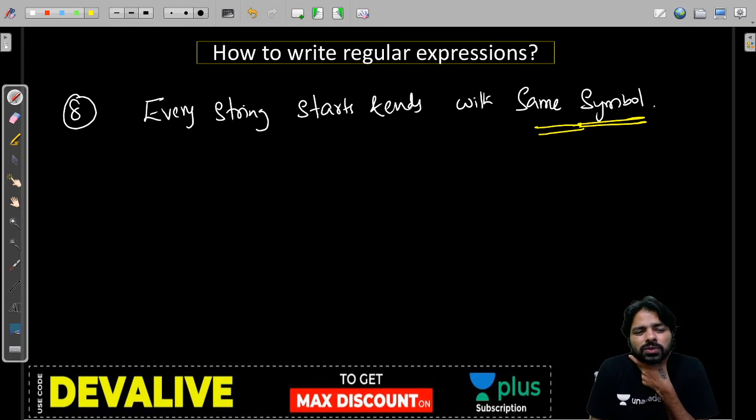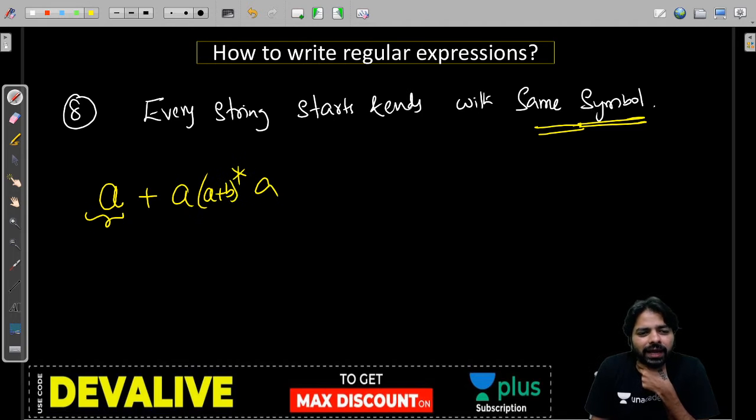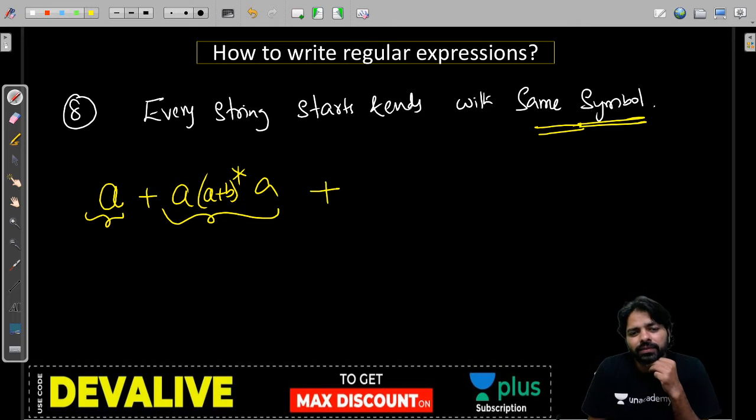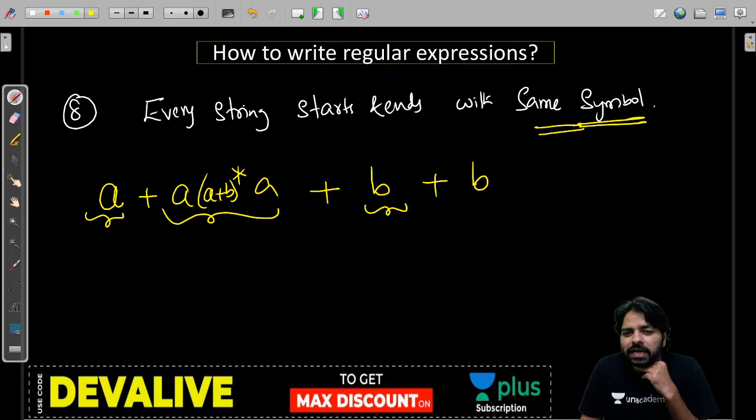Now, how many forms do you get? If I start with A, I can end with A. Either only A or this string. Or, if it is B, only B or B first and B last, with anything in between. And some people have a habit of writing epsilon.